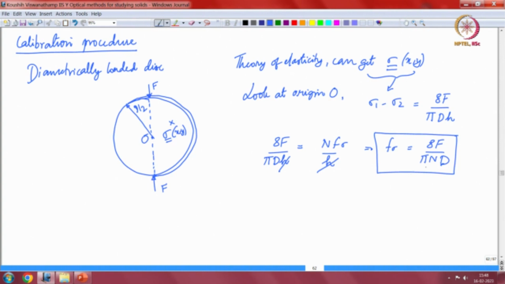Now, like I said, there is some deal to do with the fringe counting. So, you need to figure out what n to use, because for all integer values of n, sigma 1 minus sigma 2 will give you a dark band or a light band, depending on whether you have a light field or a dark field. So, you have to do fringe counting.